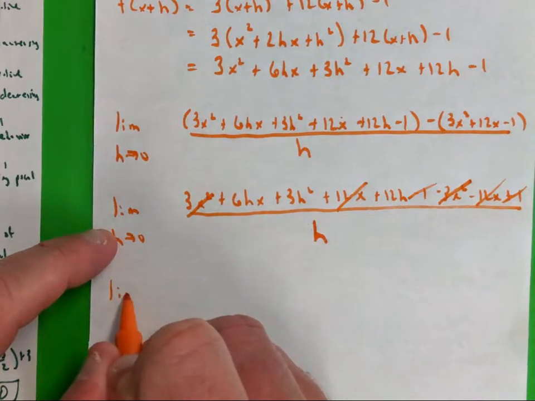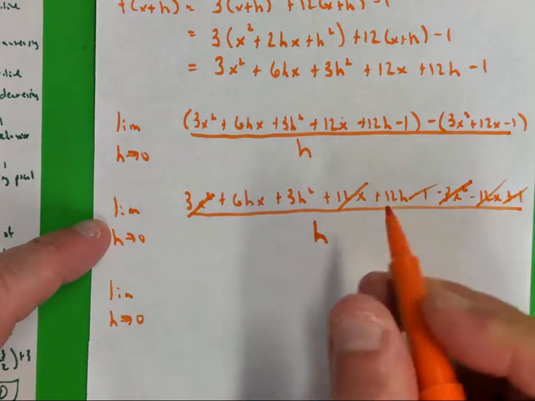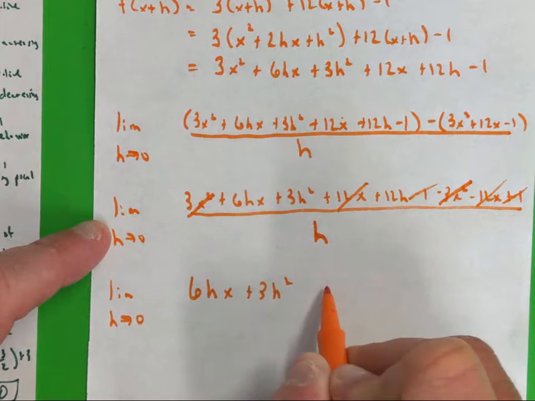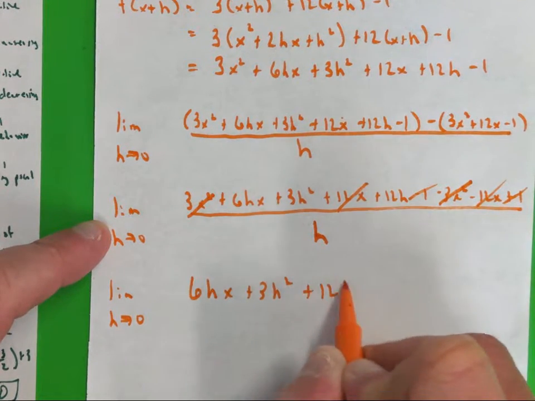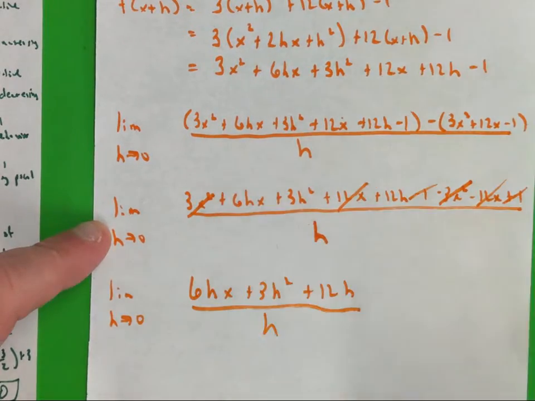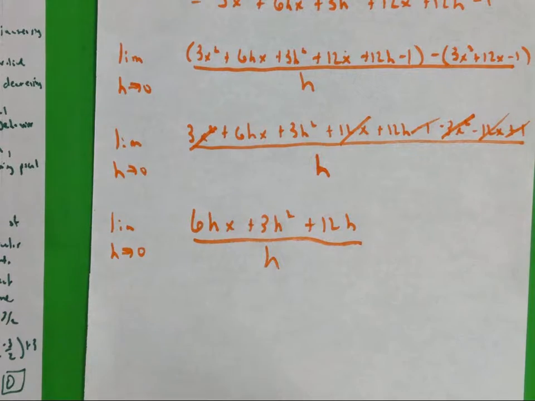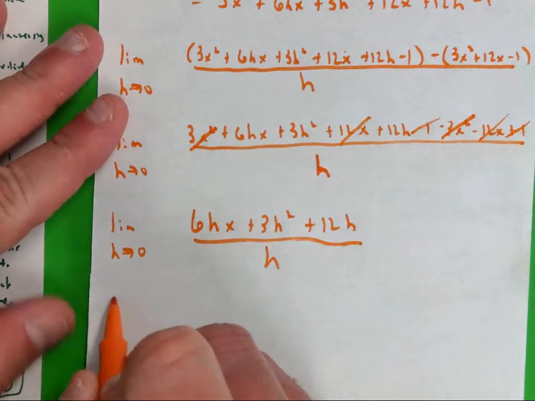So I'm left with the limit as h goes to 0 of 6hx plus 3h squared plus 12h over h. Okay, so I have the limit as h approaches 0. I tried direct substitution. Does it work? So what toolkit strategy am I going to use on top? Factor out an h.